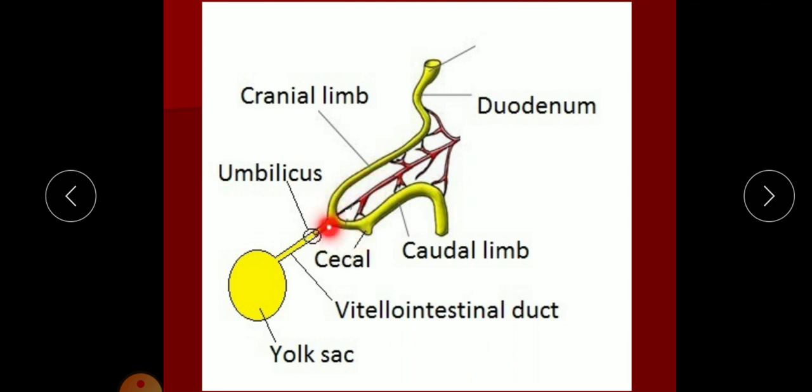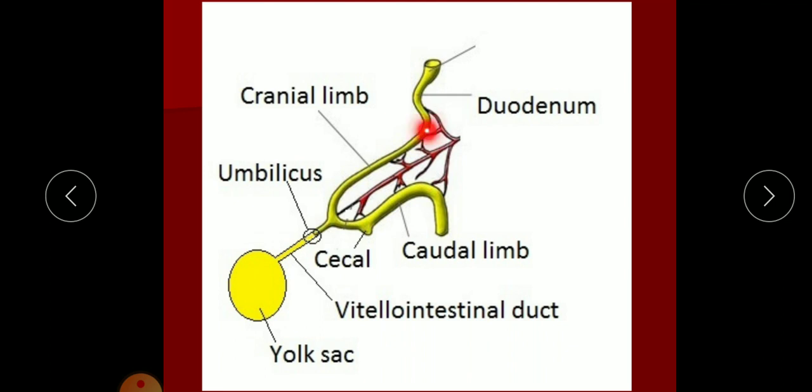And at the apex, you already know that this midgut loop will be in communication with the yolk sac. Initially, this will be a very wide communication, but later the communication of the midgut into the yolk sac will be reduced into a very small duct, and that is what is termed as the vitello-intestinal duct.